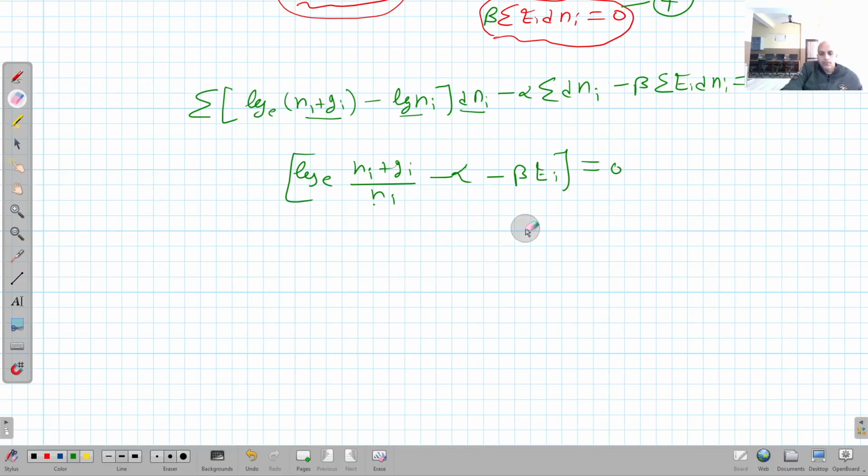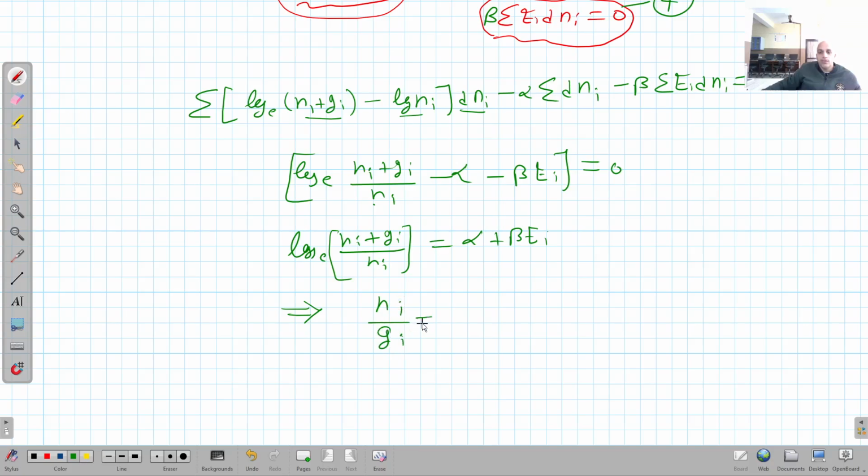Now I can simplify this equation: log of (e Ni plus Gi) upon Ni is equal to alpha plus beta Ei. When I simplify this equation, you can do it, Ni upon Gi is equal to 1 upon e raised to power alpha plus beta Ei, minus 1.